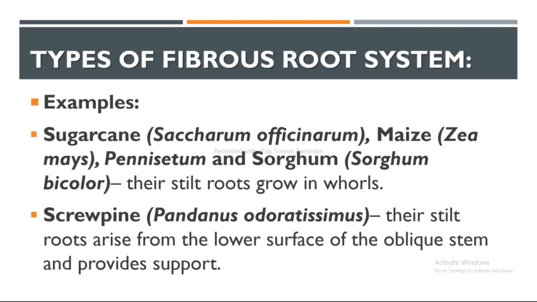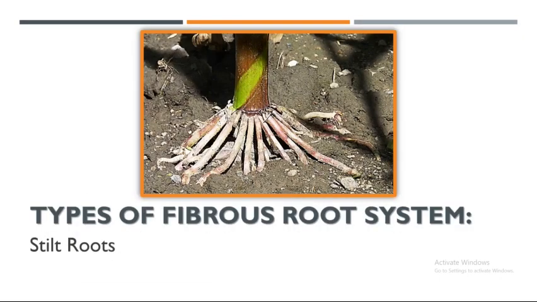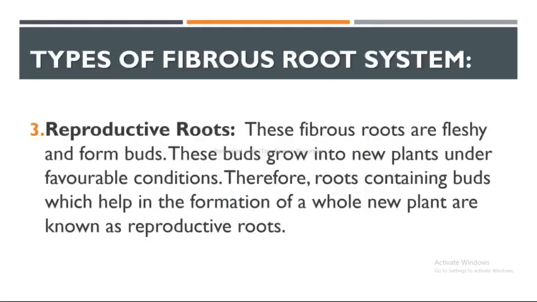And the next example is screw pine, which is also known as Pandanus odoratissimus. Their stilt roots rise from the lower surface of the oblique stem and provide support. So the types of the fibrous root system include the stilt roots, as shown in the figure.